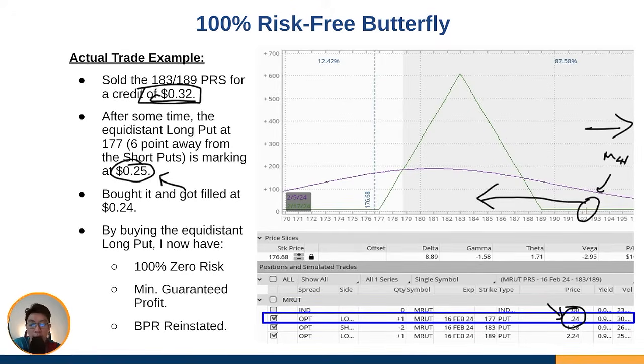But because you've bought this long put, you have given up $25, which means if the market just stays somewhere down here, basically above where your tent is, then you're only going to get roughly about $8, right? 8 cents. So that is pretty much the only con that you're going to have for converting the put ratio spread into the 100% risk-free butterfly.